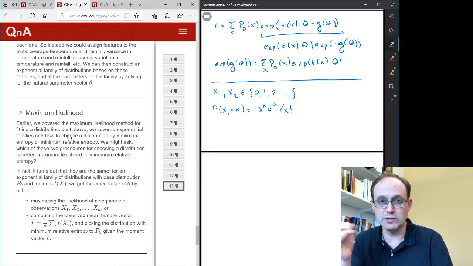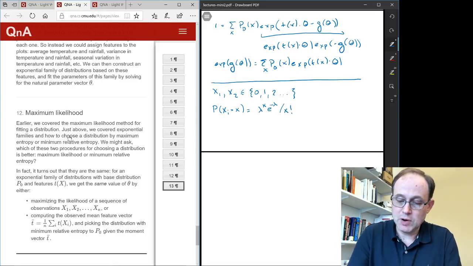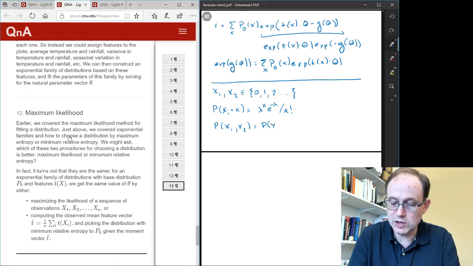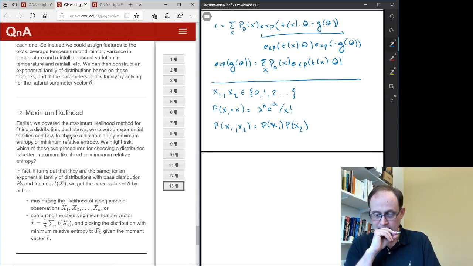For now, we don't have to derive that. We just look that up in a table of probability distributions. And the probability of both x1 and x2 is equal to the probability of x1 times the probability of x2, because they're independent, so their probabilities multiply.